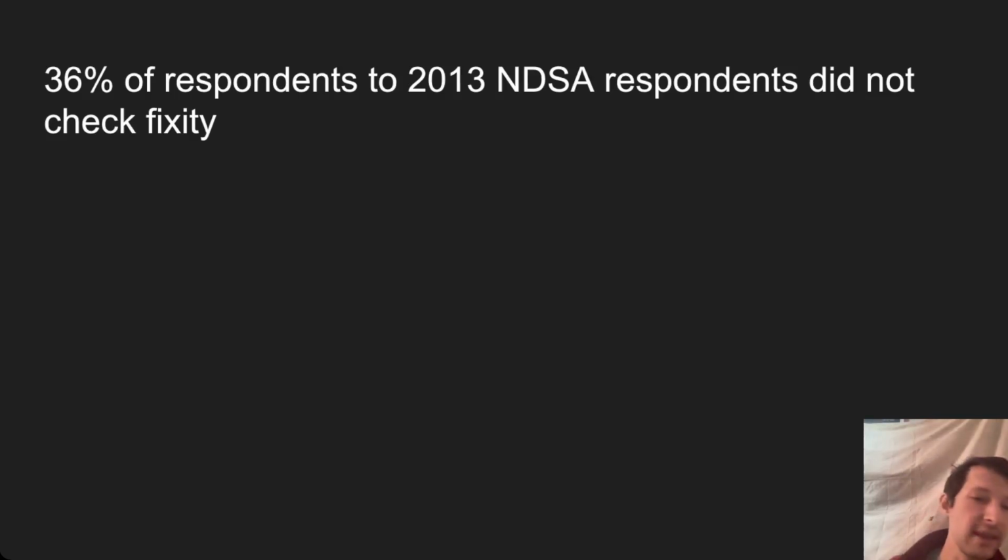So this is an 8-year-old survey at this point, but back in 2013, the National Digital Stewardship Alliance did a survey on fixity, and over a third of people were not checking fixity. So it's a core practice, but it is something that is not as widespread as it should be.